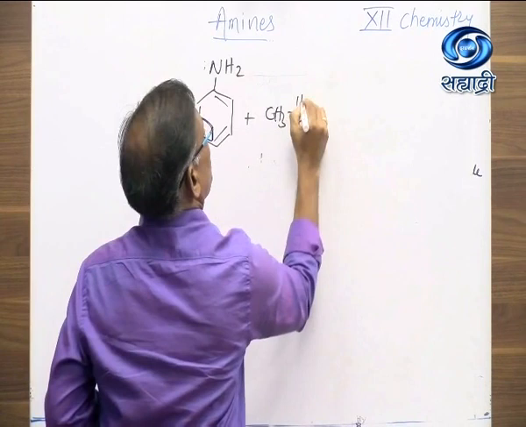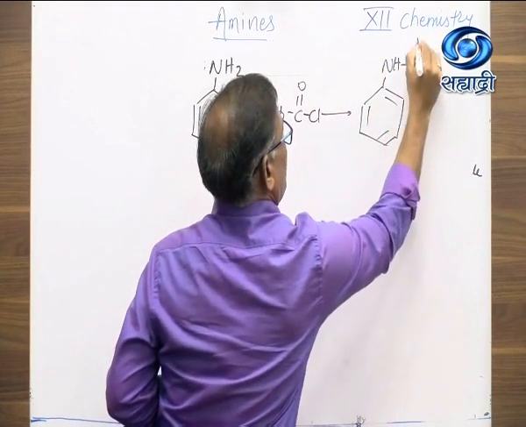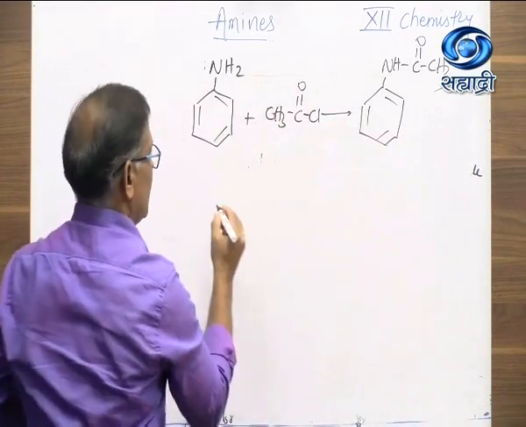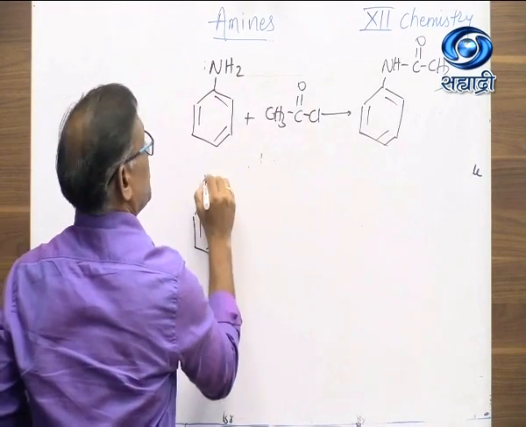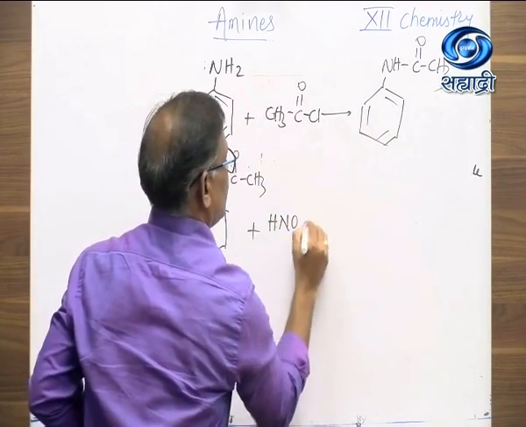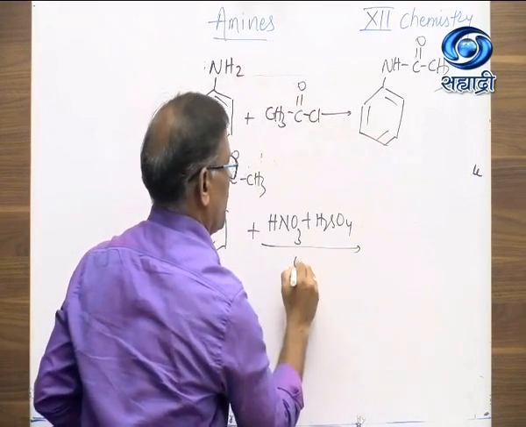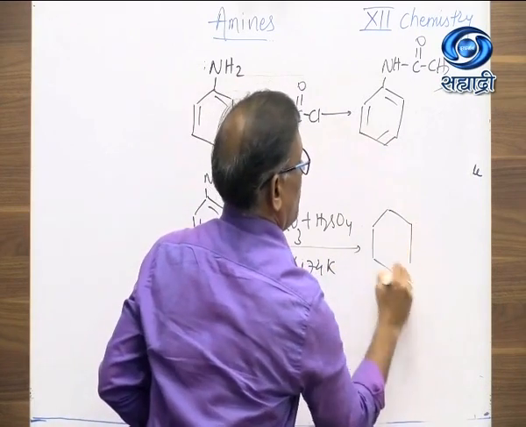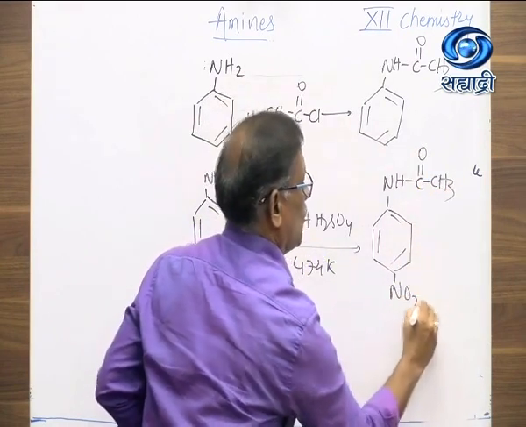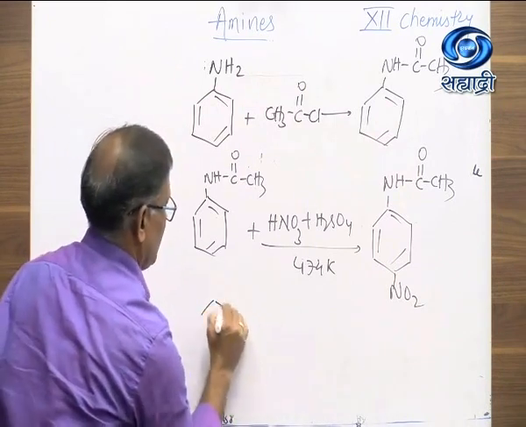Acetyl chloride first gives acetanilide, and acetanilide on further treatment with nitrating mixture, that is a mixture of nitric acid and sulfuric acid at 200 degrees Celsius or 474 Kelvin temperature, forms para-nitroacetanilide.